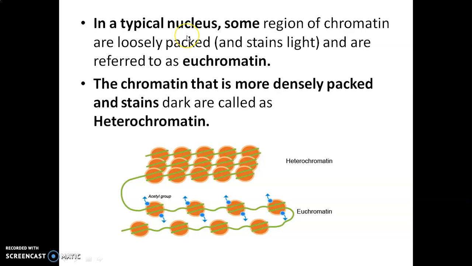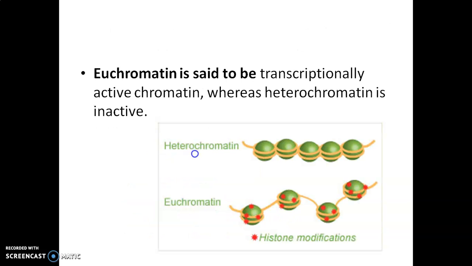Children, in a typical nucleus, some regions of chromatin are loosely packed, termed euchromatin, and chromatin that is more densely packed and stains dark is called heterochromatin. Euchromatin is said to be transcriptionally active chromatin, whereas heterochromatin is inactive.